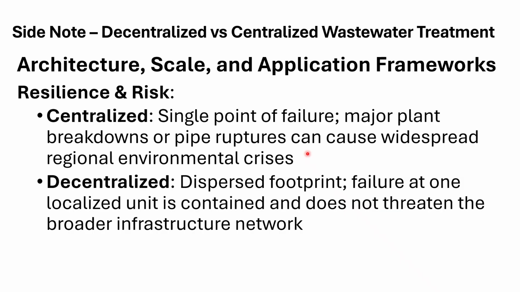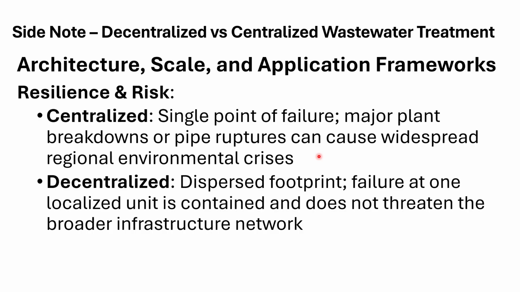That sewage is still going to keep coming. So they're going to have to figure out something very, very quickly to get that plant back up online. But could you imagine if they couldn't get it back up online? Regional environmental crisis, because people aren't going to stop pooping or taking showers or what have you. That inflow is still coming in 24 hours a day, 7 days a week, 365 days a year.